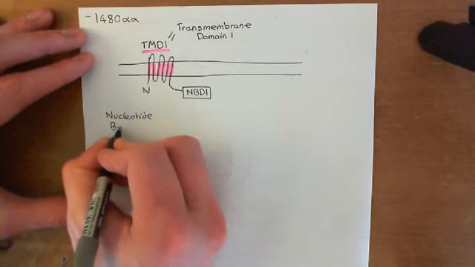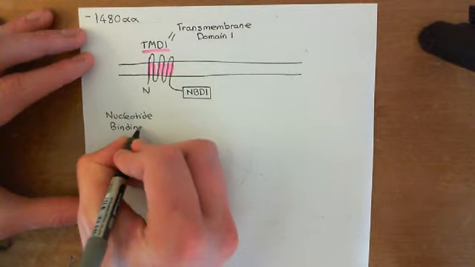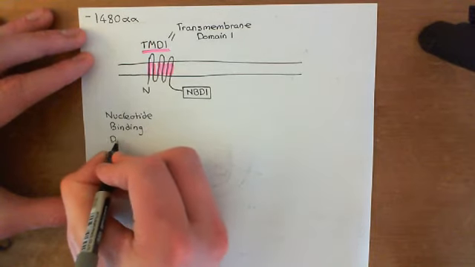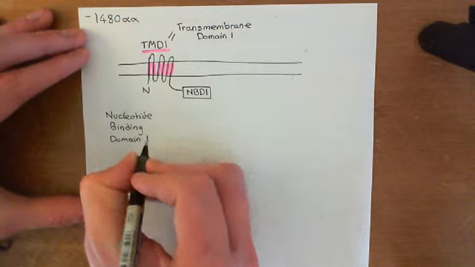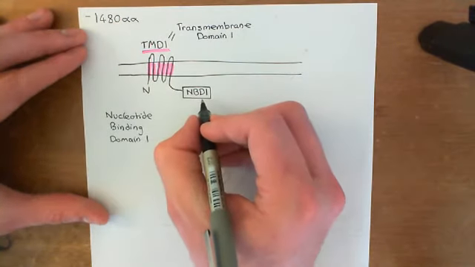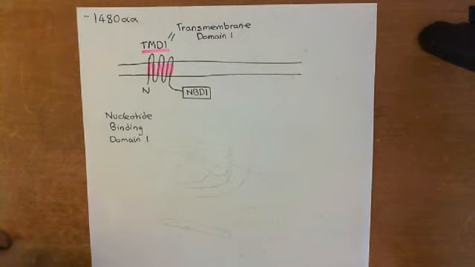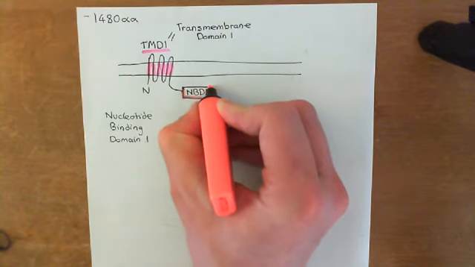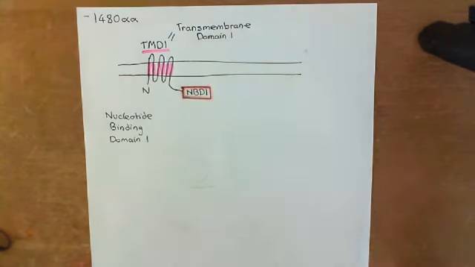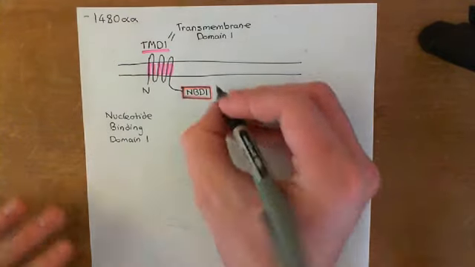This is going to bind nucleotides, and the specific nucleotide that it's going to bind is ATP, adenosine triphosphate. I haven't actually drawn the ATP binding site, but later on when we look at the function of this, I will add an ATP binding site onto this. It has a binding site for a single ATP molecule. So that's nucleotide binding domain 1.